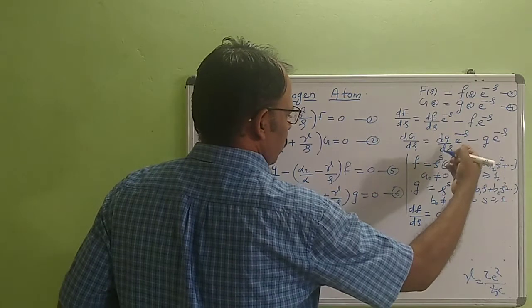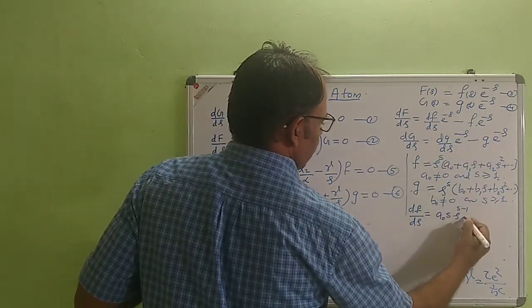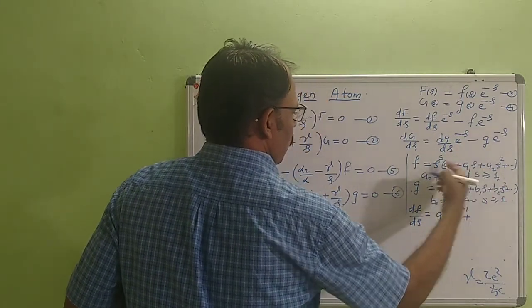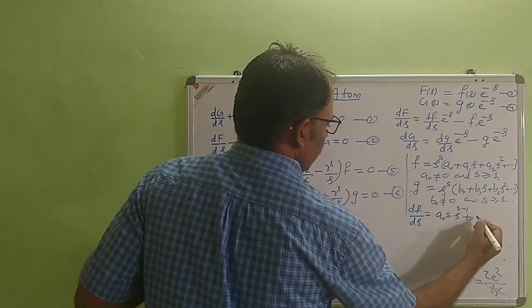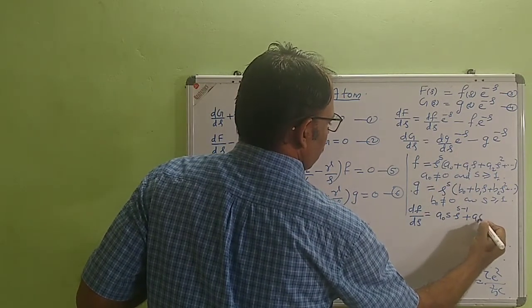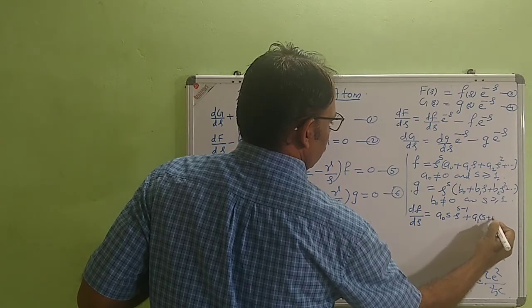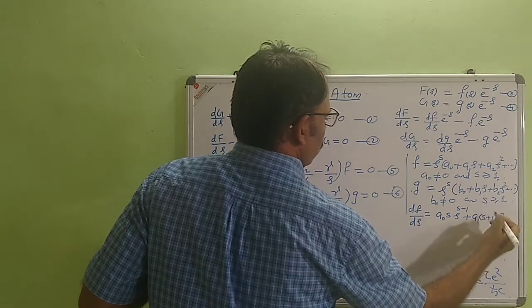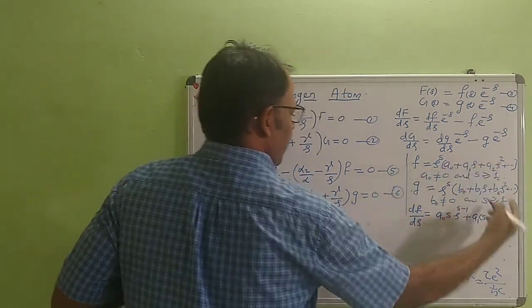The second term is a1 rho raised to s plus 1, so it will be a1 (s plus 1) rho raised to s plus 1 minus 1.